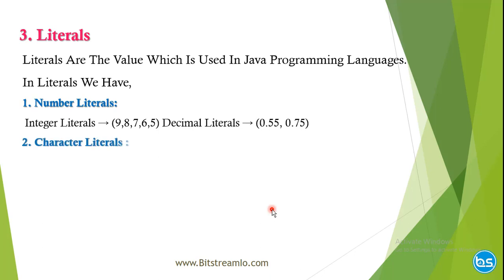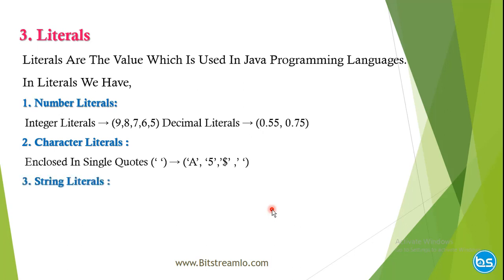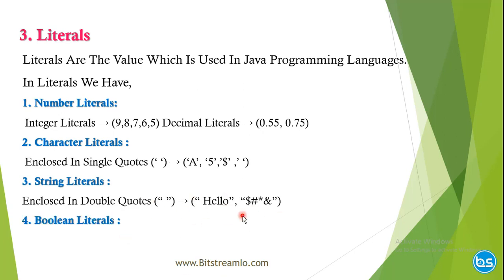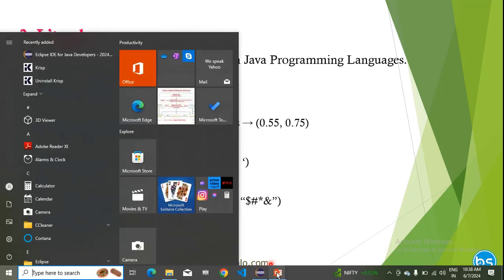The next is character literals, which are enclosed using single quotes. String literals are enclosed using double quotes. And Boolean literals are nothing but true or false.